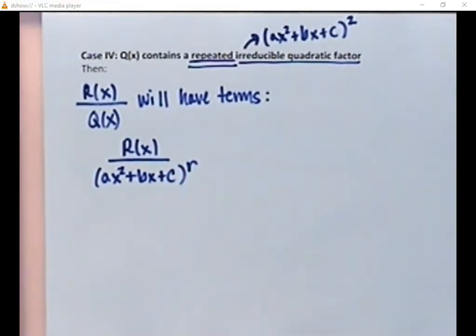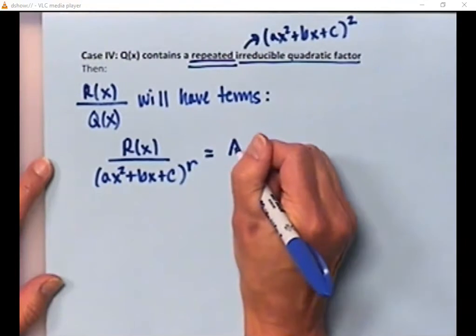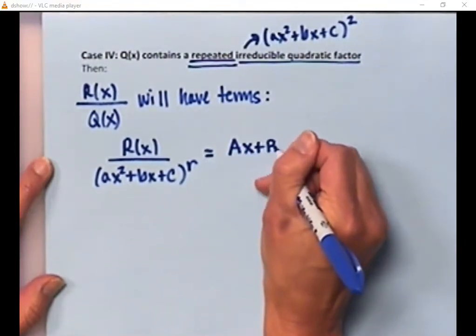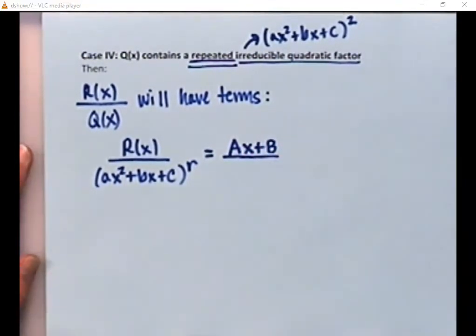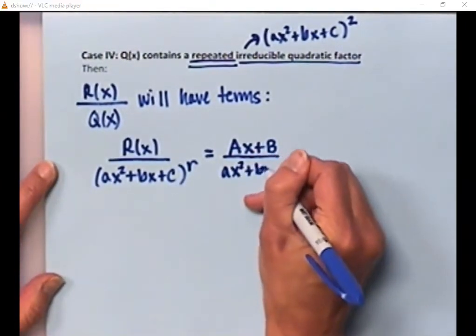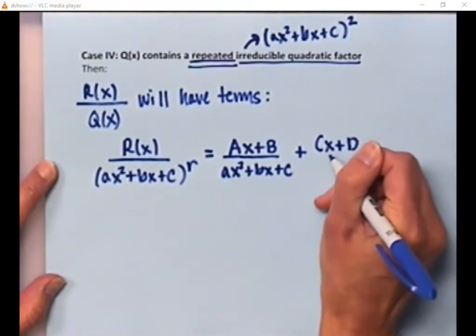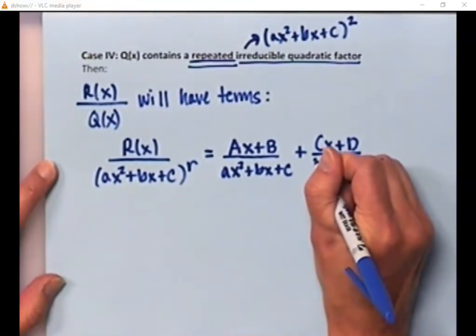I'm going to use an r again. R just means that's the highest power it occurs to. If that's the case, then you have to set up a fraction for every power. And remember, quadratics always have two terms in their numerators. So you would start out with this to the first power, and then you would set up another fraction with it to the second power, and so on.